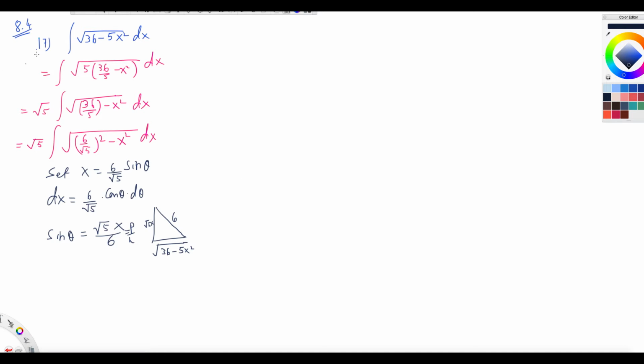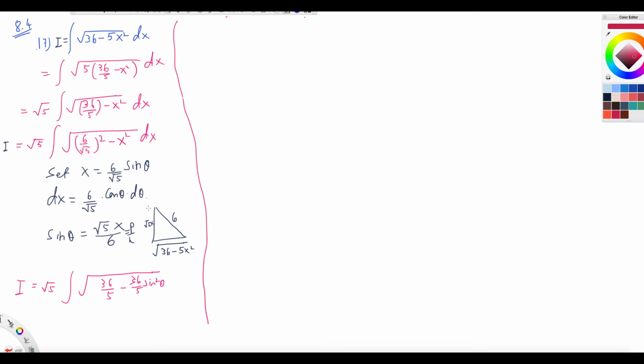So let me write down, suppose that this is I. Therefore I equals root 5, integral, root under 36 over 5 minus x squared, where x is 6 over root 5 times sine theta. So the square of that will be 36 over 5 sine squared theta.